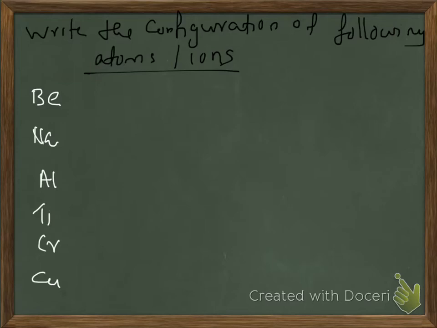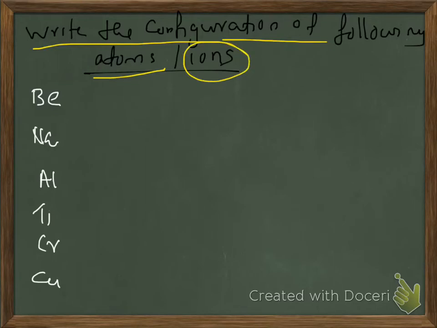Today we have to do the electronic configuration of some atoms and a few ions. We have beryllium, sodium, aluminum, titanium, chromium and copper.